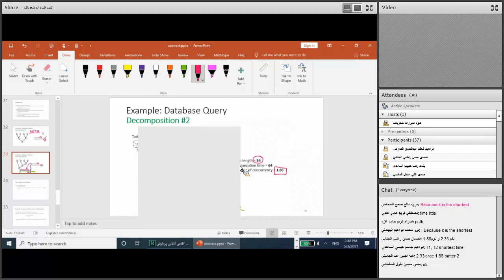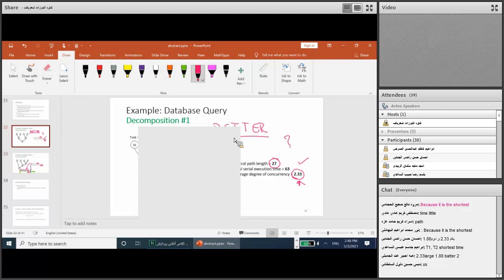Therefore, this number verifies that this decomposition is better. A higher number is better. This confirms our earlier guess that this decomposition is better.